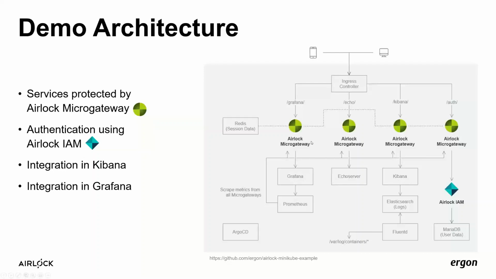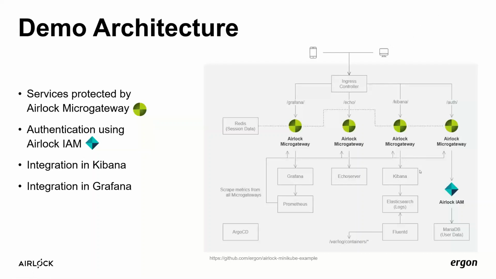This way you could easily see what is going on in your environment regarding your Airlock microgateways. We do have one backend here, a simple echo server, just to show how we could protect a specific application, how you could configure it and bring security in place.